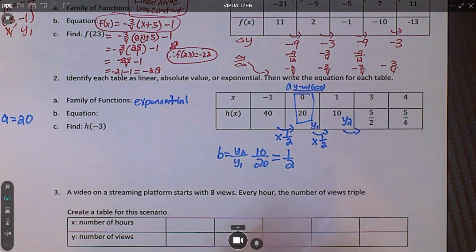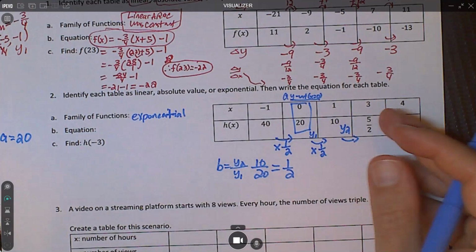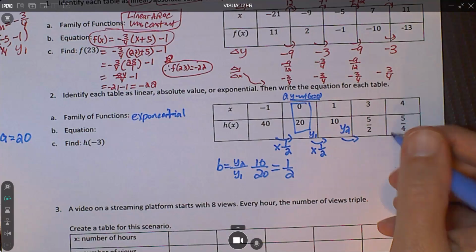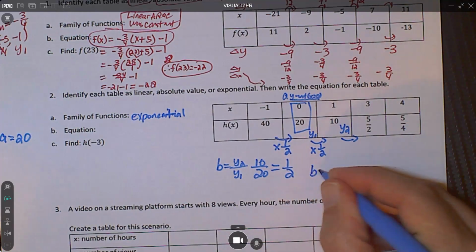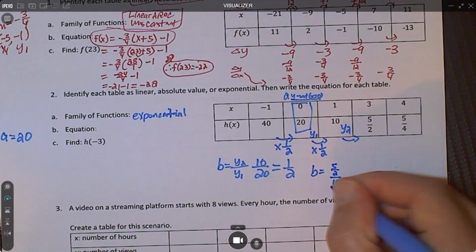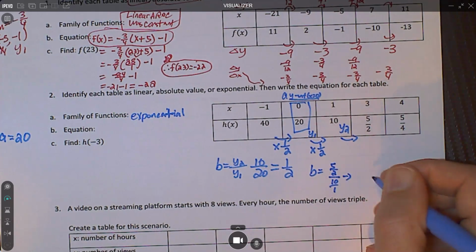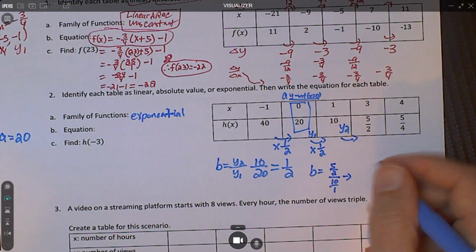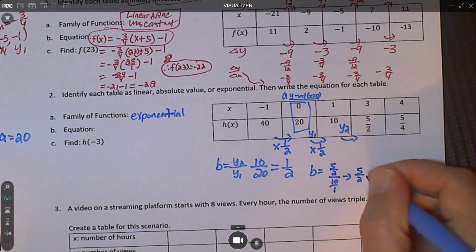Okay, so B: 5 over 2 divided by 10 over 1. See what that is. Keep, change, flip.